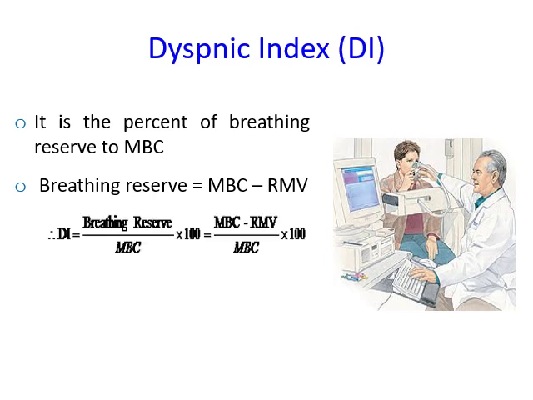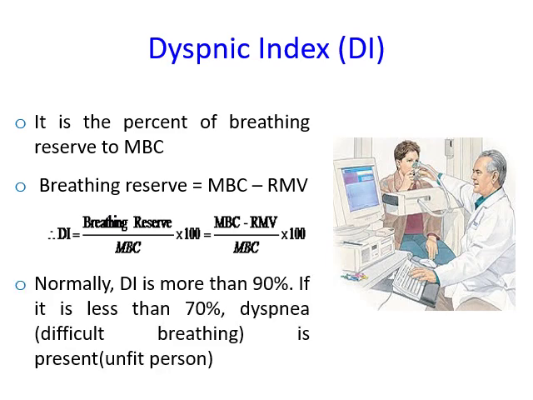So the Dyspneic Index is the percent of the breathing reserve to the maximum breathing capacity. Normally, the Dyspneic Index is more than 90%. If it is less than 70%, it indicates dyspnea, which is difficult breathing. And this means that this person is unfit.